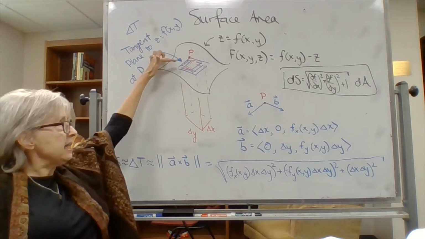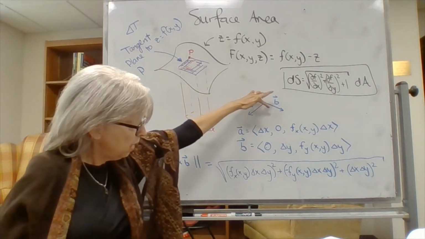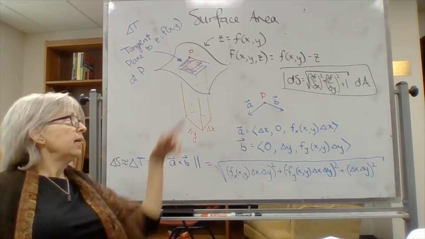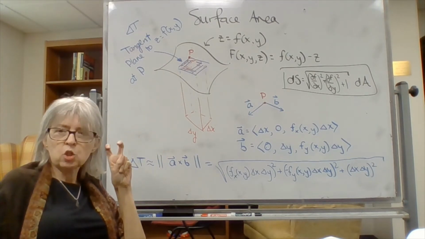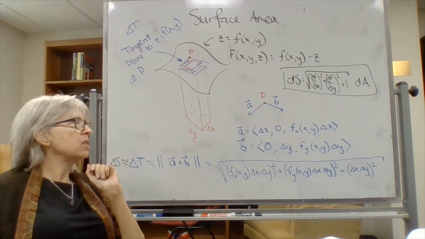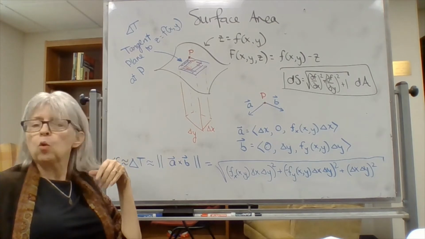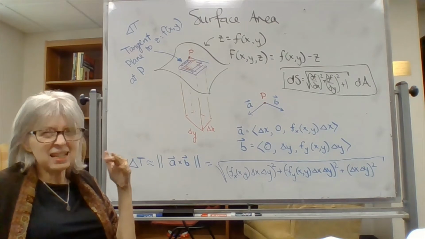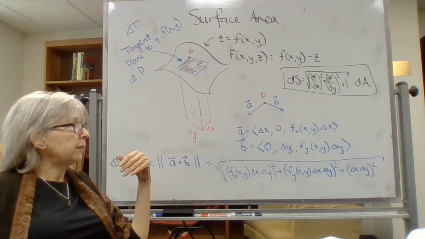And if I consider the sides of those to be vectors, and I identify one corner of this almost rectangular chunk of my surface, I call one of those points P and say it's got coordinates x, y. I should probably subscript it with zeros to say it's a specific spot. Not worried about that right now.